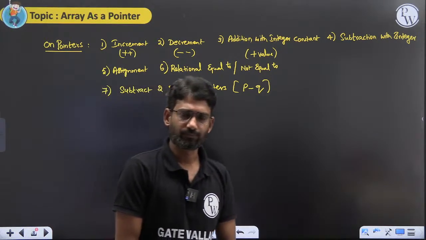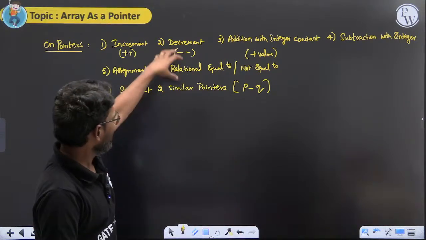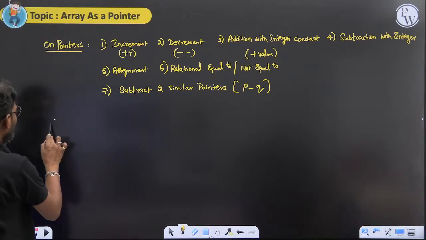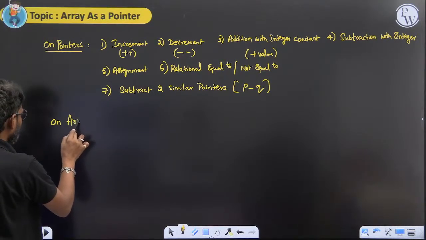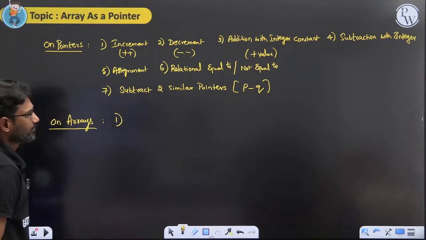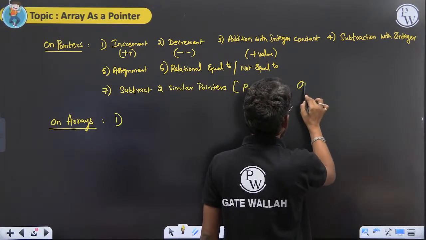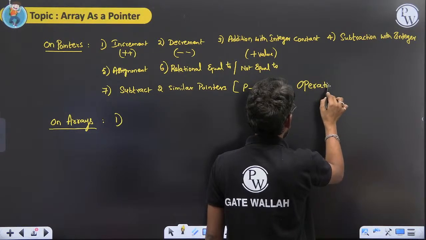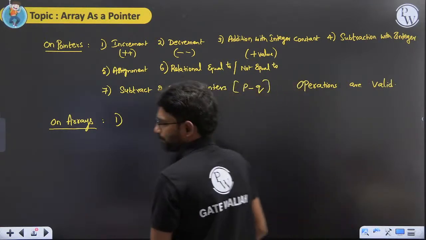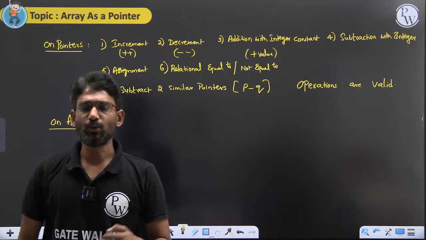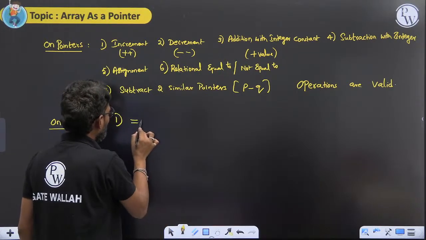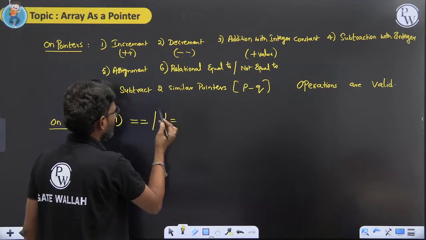Now, these many operations we are able to do on pointers, but when it comes to arrays, first, will I be able to compare two arrays equal to, not equal to?